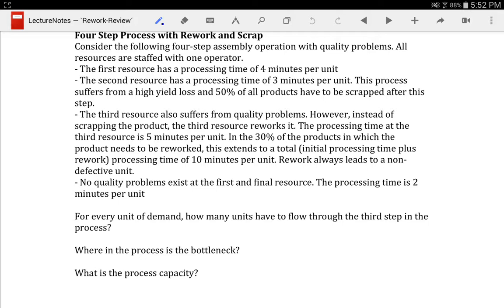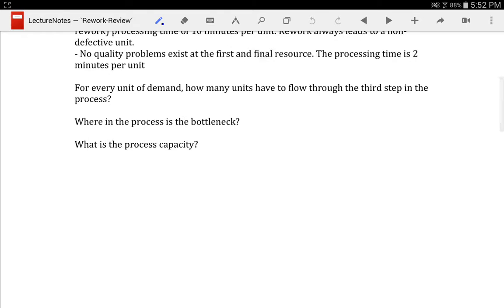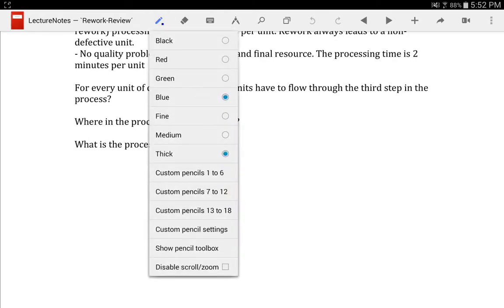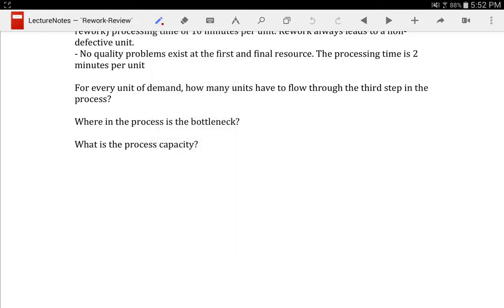The first problem: consider a four-step assembly operation with quality problems. The first resource processing time is 4 minutes, the second is 3 minutes, the third is 5 minutes, and the fourth is 2 minutes. As we do in process analysis problems, we first make the process flow diagram. So let's do the same.